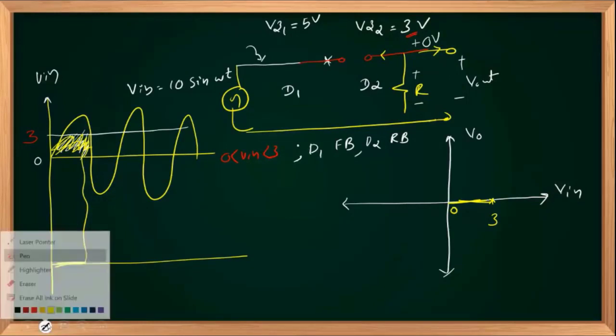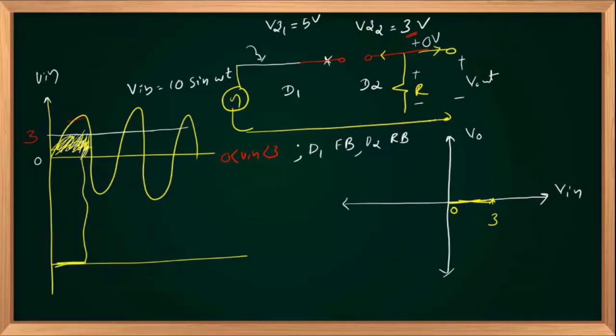The moment V in crosses 3 volts, D1 remains forward biased, no change, because it was connected like this. Its anode voltage is going up, so it will stay in on state, short circuit, not changed. Whereas the reverse bias of D2 now exceeds 3 volts, and that 3 volts is the breakdown voltage required for diode D2.